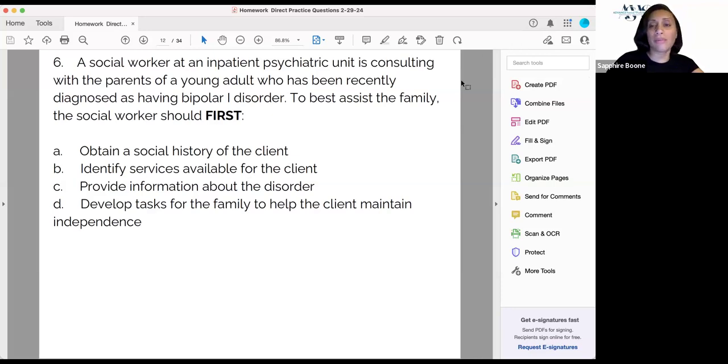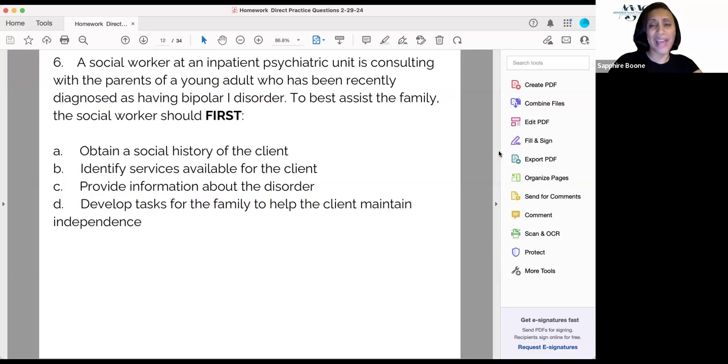So we're going to get rid of D, develop tasks for the family to help the client maintain independence. We're going to get rid of D. We're going to get rid of B. Those are good interventions. And we are actually going to intervene, but we're going to psychoeducate first, and then we can put in those services after that.